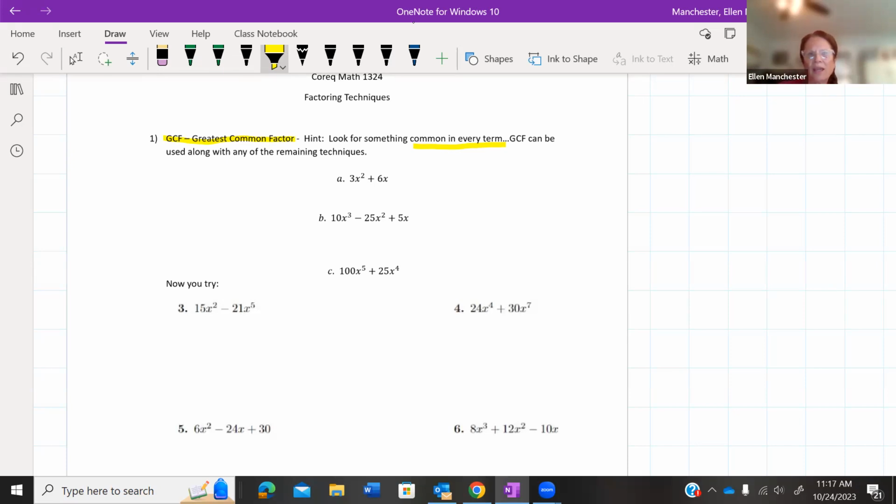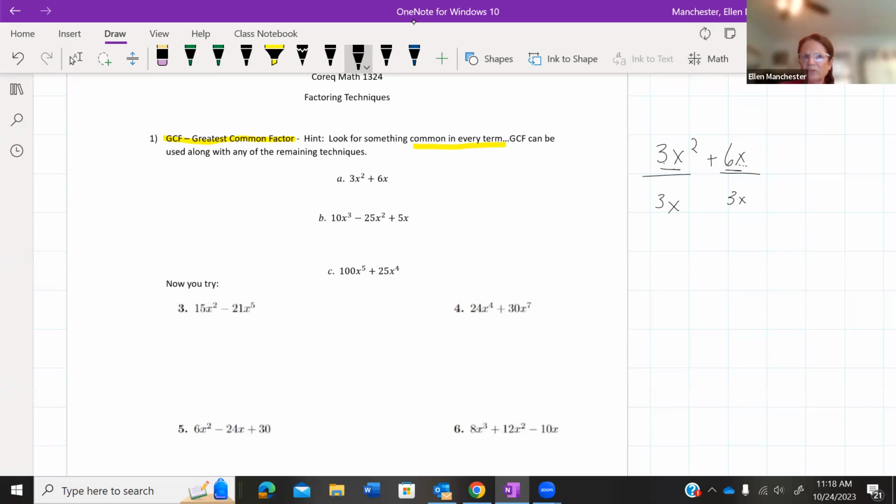So when you look at A, you have 3x squared plus 6x. You can see both terms, each of these is a term. Both terms have an x in them, but they also have the value 3. And when I say in them, what I'm thinking of is dividing. So I'm literally dividing both of these by the same term.